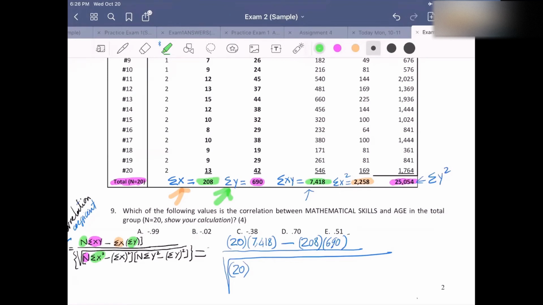The sum of x squared is right here, everyone. Over here, right? 2,000, right? Merlot's good. 2,258. So 2,258 is the sum of the x squared, okay? Good. Now let's move on to the next one, minus.